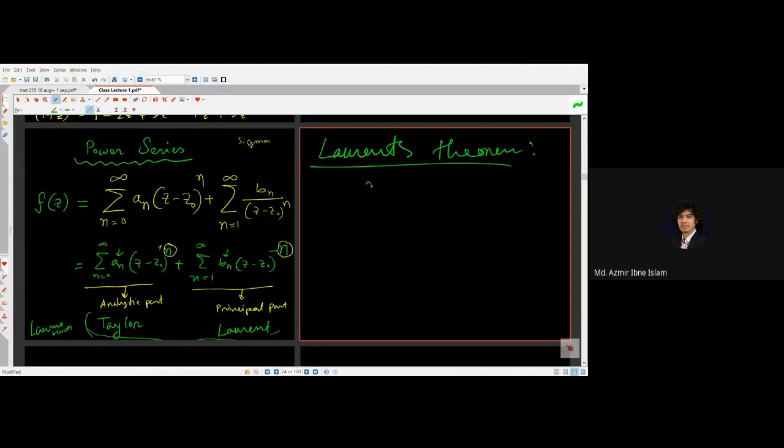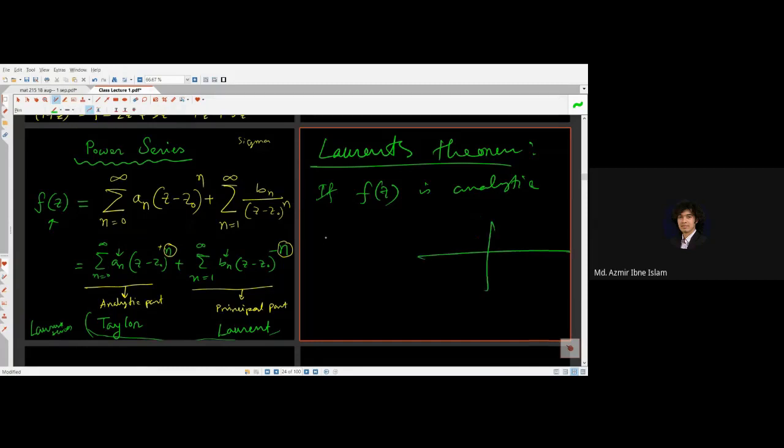Suppose f of z is analytic inside R1 less than modulus of z minus z naught less than R2.